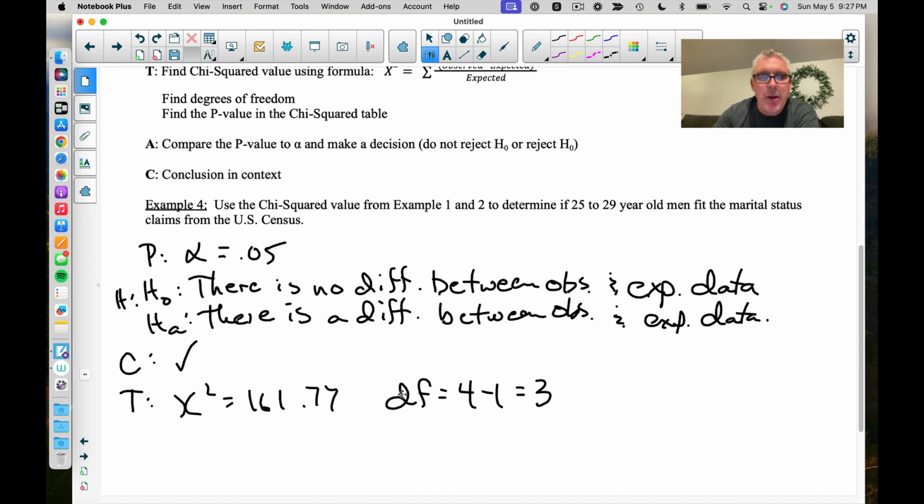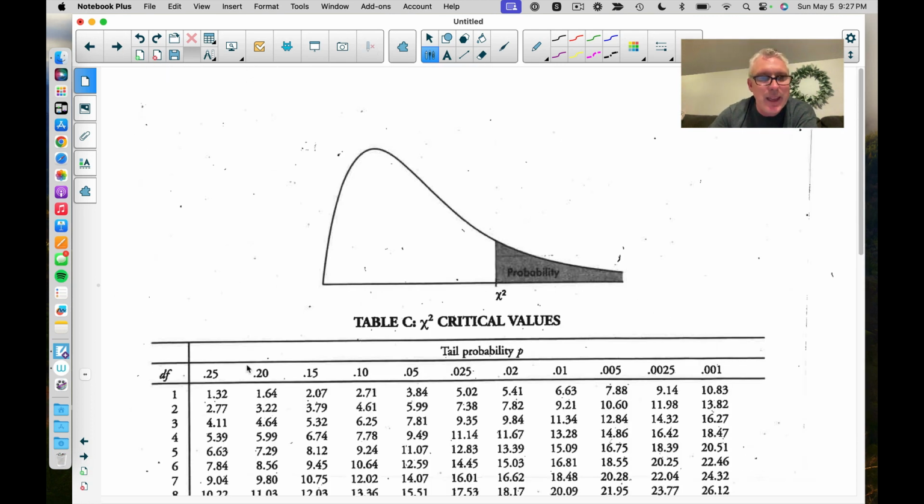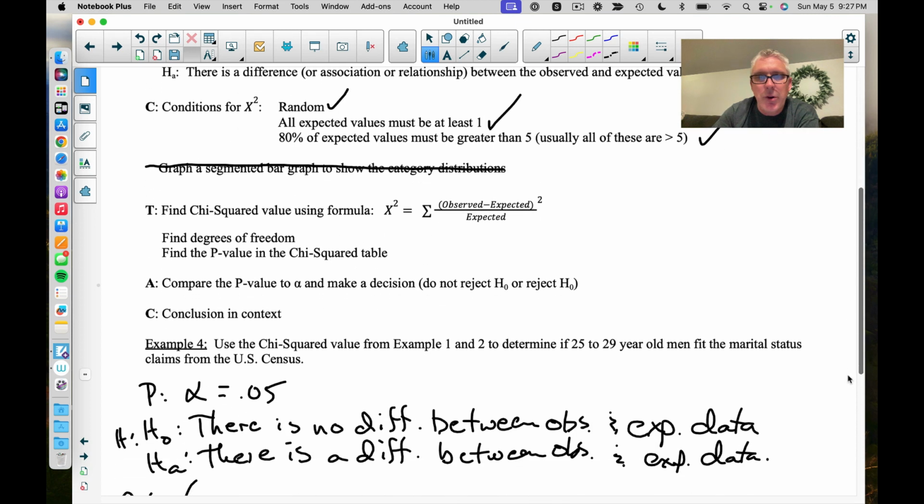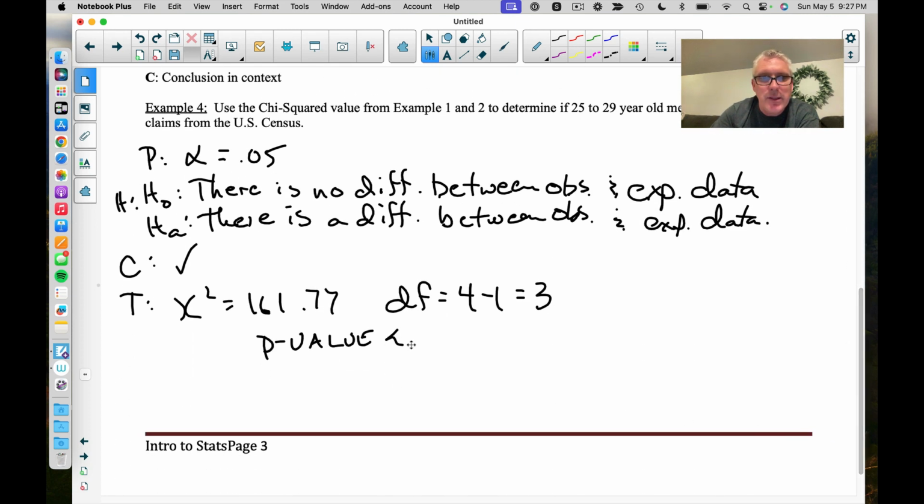Now I want to find the p-value. I'm going to go to my chart, to degrees of freedom 3. I'm looking for a 161. Holy cow, it's way over here, which means my p-value is less than 0.001. That's a weird less than.